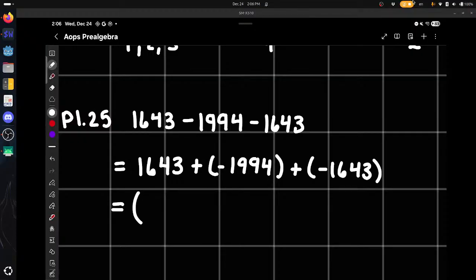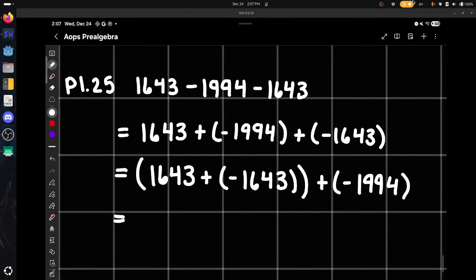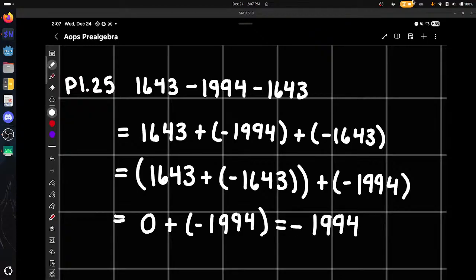So let's move 1643 together with the negation of it, so we can get 0. And then let's leave the 1994 alone. We know that the negation property with its additive inverse gives us 0. And then we know that this will be a negative number.